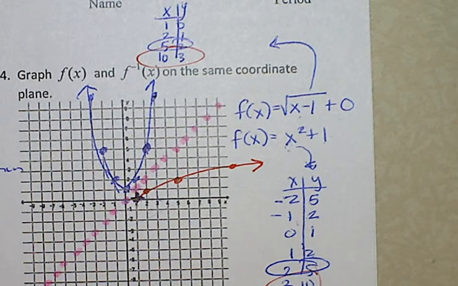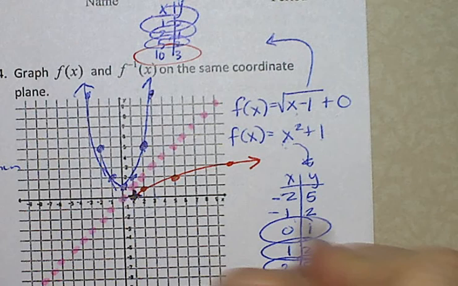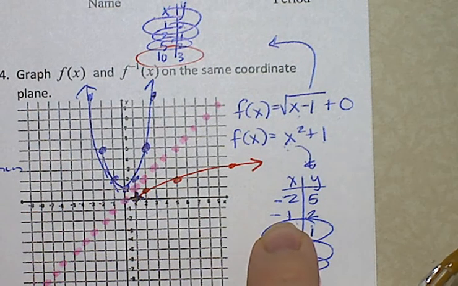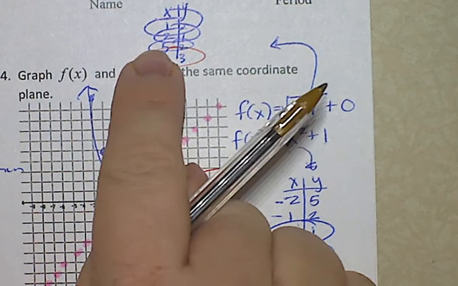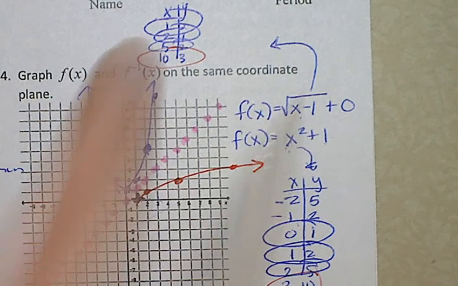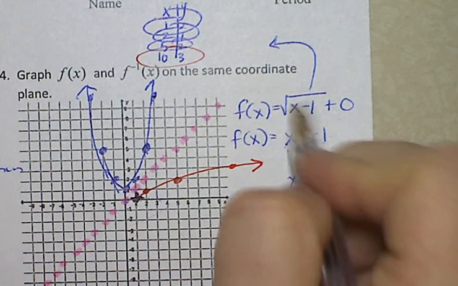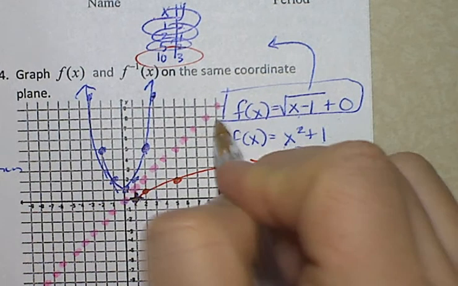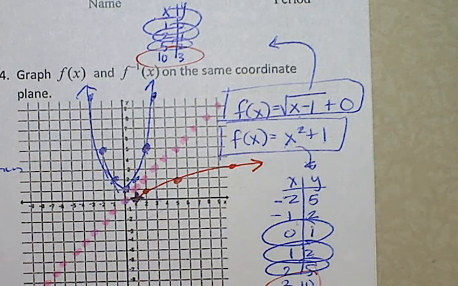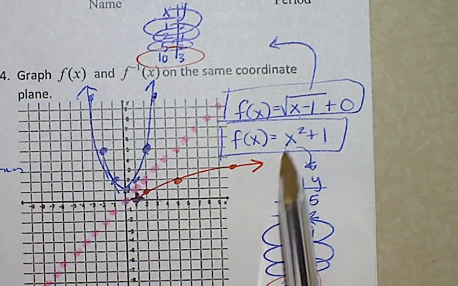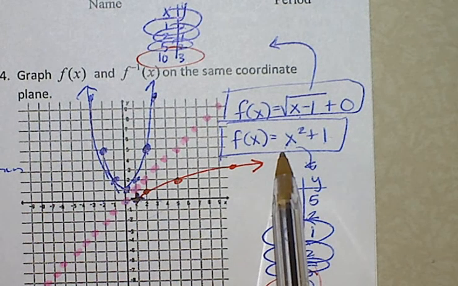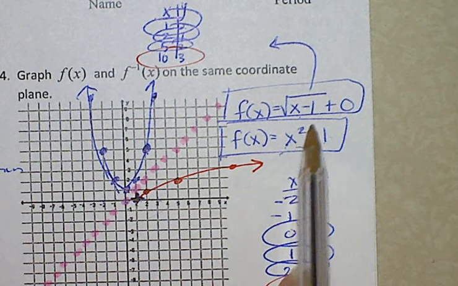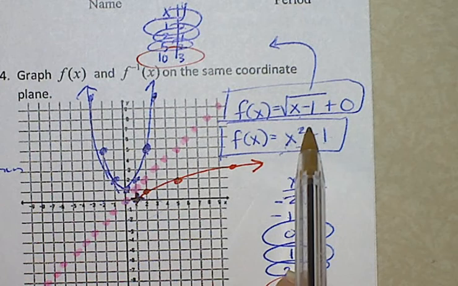Okay, let's check. It's true for 2, 1, and 1, 2. It's true for 1, 0, and 0, 1. But is it true for negative 1, 2? Is that up here? Okay, why is it? Look at this function and look at this function. Talking about breaking a math rule. Can you break a math rule by inputting negative numbers to a number you're going to square? No, because we can square a negative.